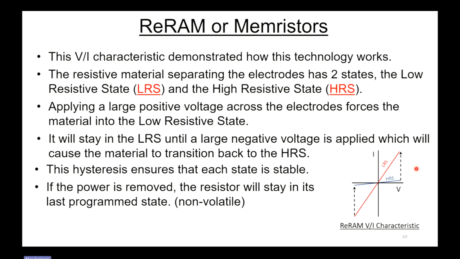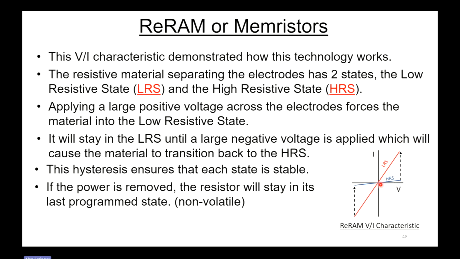This VI characteristic in the lower right corner here demonstrates how this technology works. The resistive material separating the two electrodes has two states: the low resistance state that we're going to call LRS, and the high resistance state that we're going to call HRS. Applying a positive voltage across the electrodes forces the material into the low resistance state.